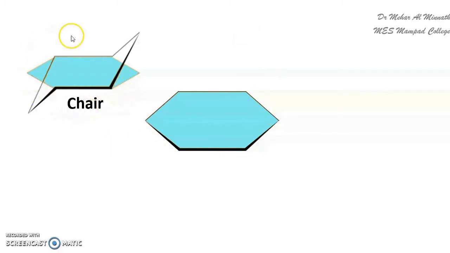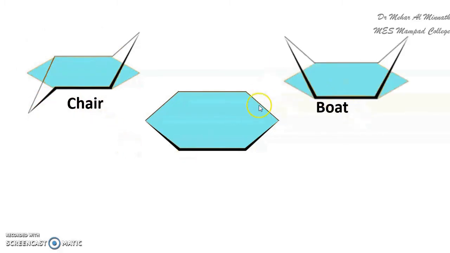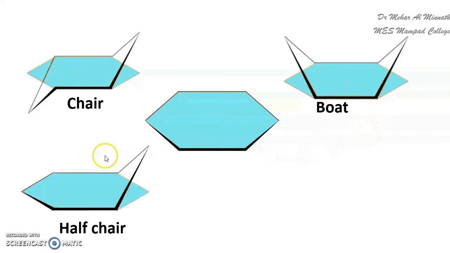Then we get a structure like this, which is called the chair form. Another possibility is that both carbon 1 and carbon 4 are pulled up. Then we get a boat form. Another possibility is that only one carbon atom, any one of the carbon atoms, is pulled up. Then that is called the half chair form.